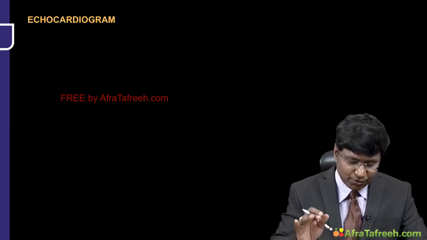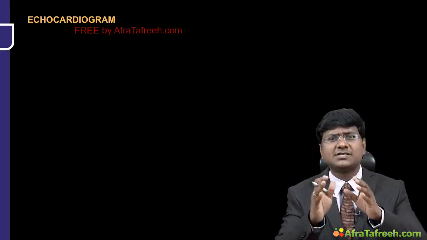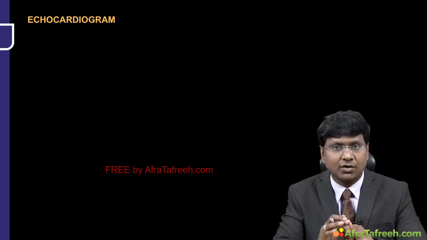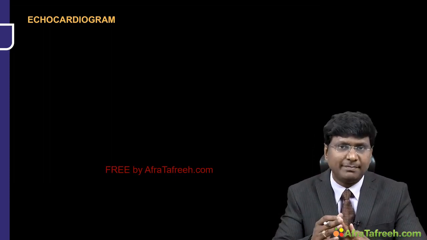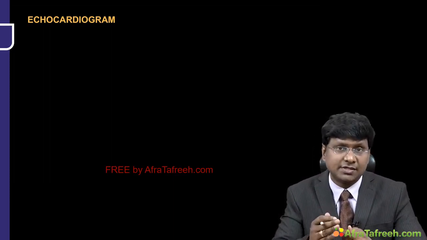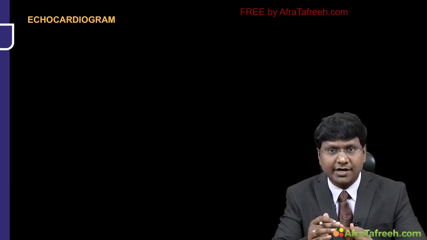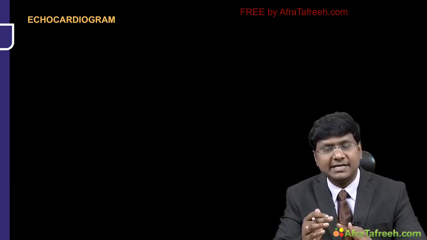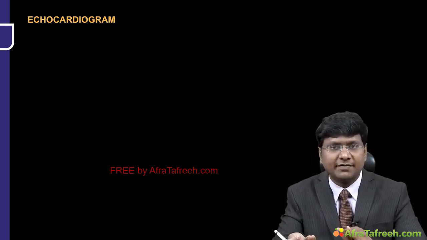Then you should know what the abnormality within the echocardiography will be. This is a first line investigation. It will tell you whether the MR is there or not, and it will also tell you the mechanism of development of MR, or what etiology is causing MR. Is it primary MR, where the pathology is in the mitral valve leaflets or chordae tendineae, or secondary MR, like dilated cardiomyopathy, ischemic cardiomyopathy, or atrial fibrillation?